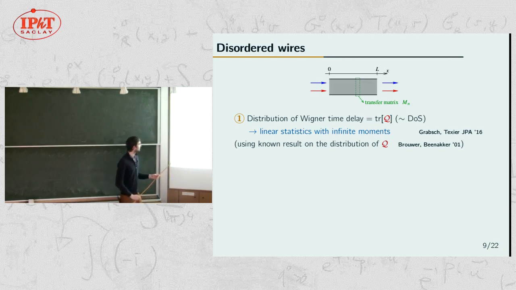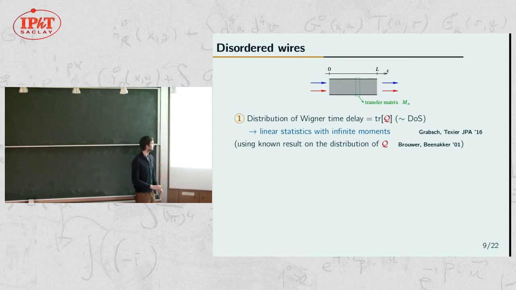And then I have developed a new tool compared to the one that we were using before to study this new observable, because in this case it has infinite moments. So even the mean is already infinite, so it leads to more complications. And so we have obtained the distribution of this trace, which is called the Wigner time delay, using another distribution which was also derived by Bauer and Binaker for the distribution of Q in this case.